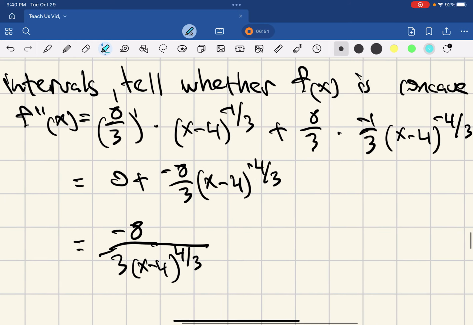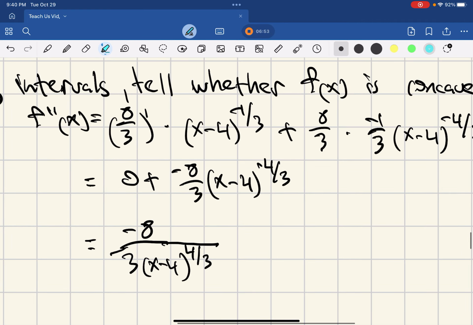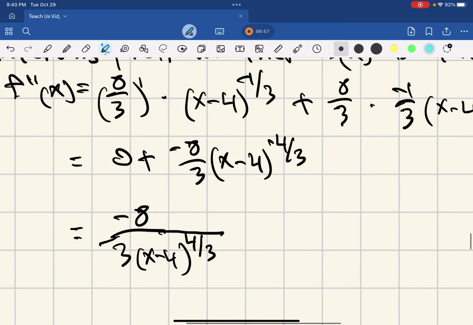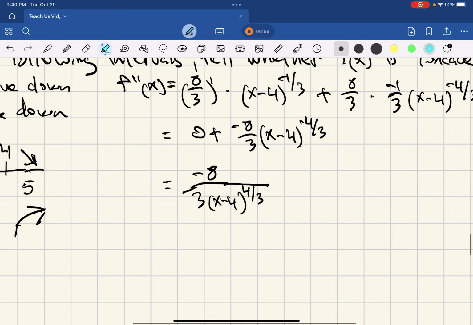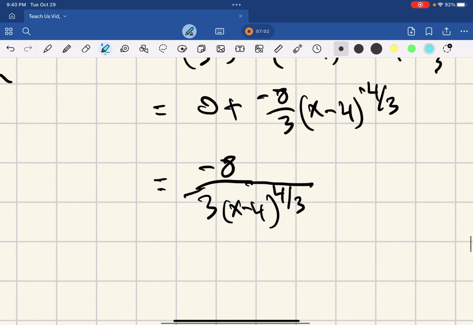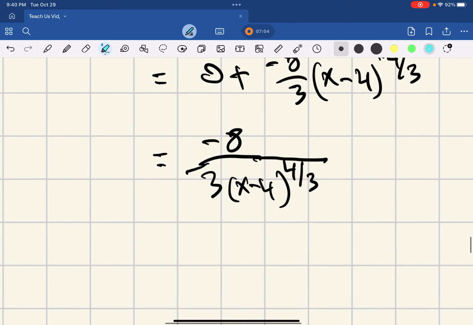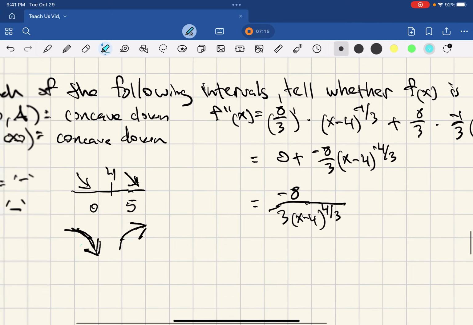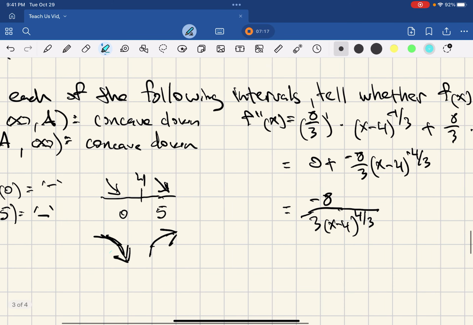And then I get negative 8 over 3 times (x minus 4) to the negative 4 over 3 power. In the next step, I decided to write it with a positive exponent, which gives negative 8 over 3 times (x minus 4) to the power of 4 over 3 in the denominator. And now that we've got our second derivative, we do something similar.